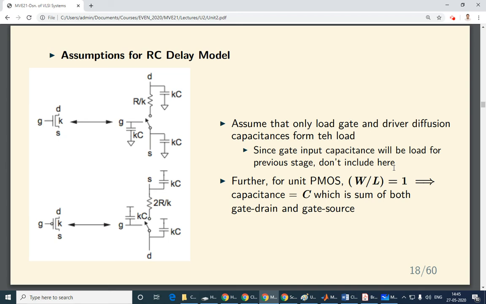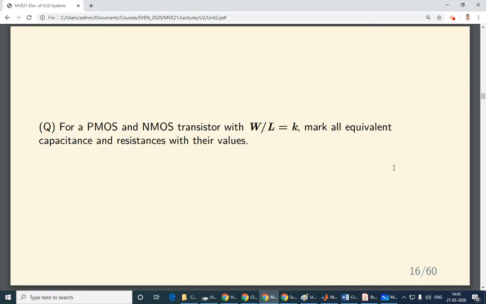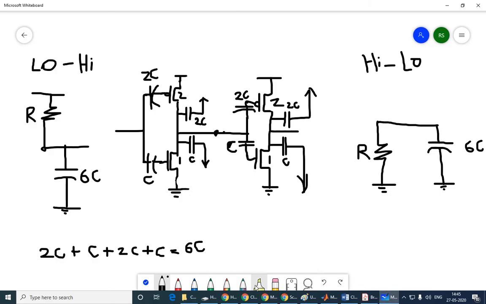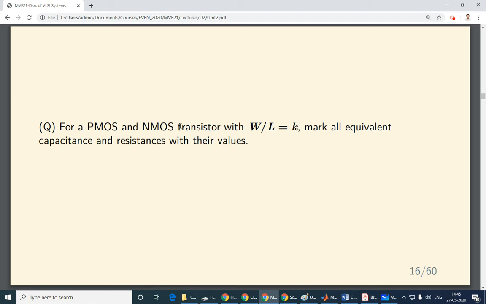And maybe one second, we'll just go back to one question before we look at the RC delay model again. So this is a general thing. So the question is, we have W by L equal to K, and we want to mark the capacitances and resistance.